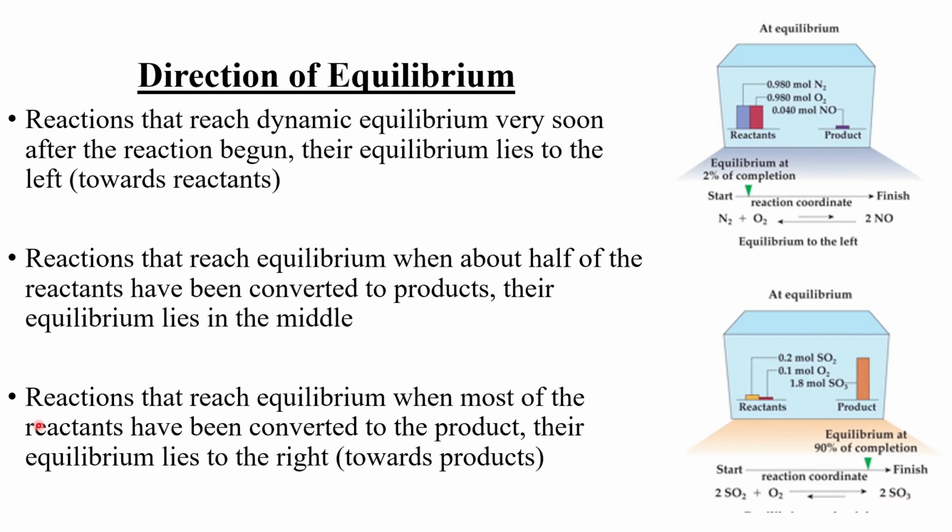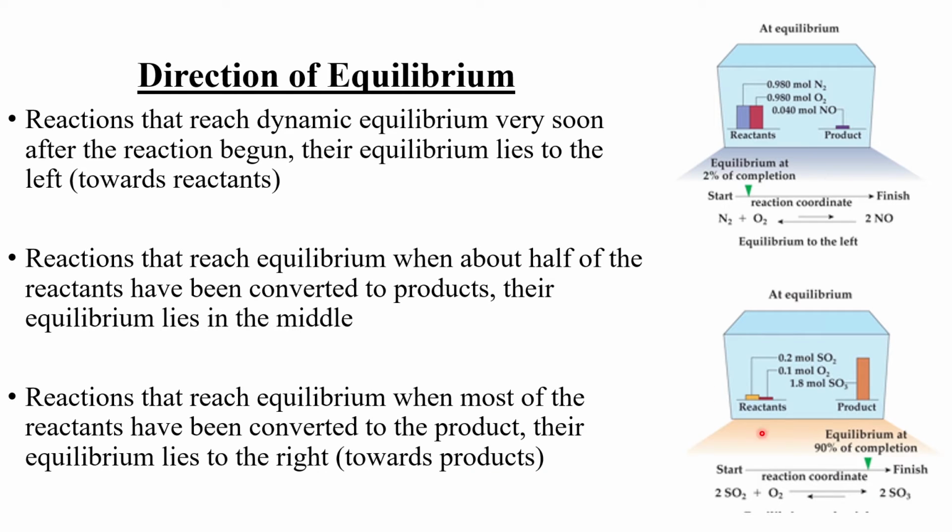Now, the third type of equilibrium is where the reactions reach equilibrium when most of the reactants have been converted to product. For those reactions, the equilibrium lies to the right, or towards the product.